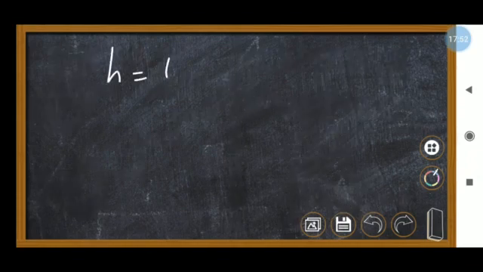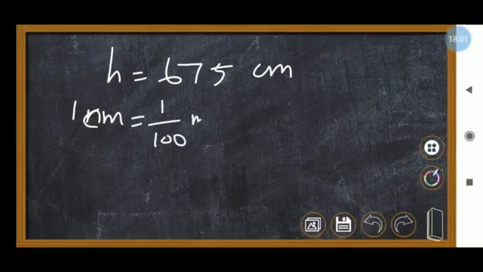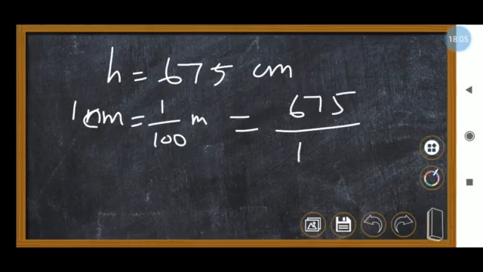So height equal to 675 centimeter. So we have to convert in terms of meter. So 1 centimeter equal to 1 by 100 meter. Am I right? So 675 means 675 divided by 100.